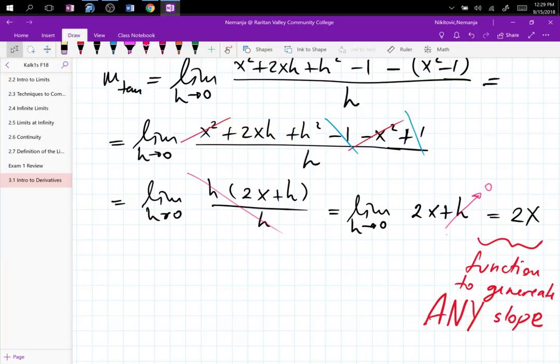This function has a name. And the name is the derivative. Very good. So what is the derivative? It's just a name. Okay, that's the derivative.